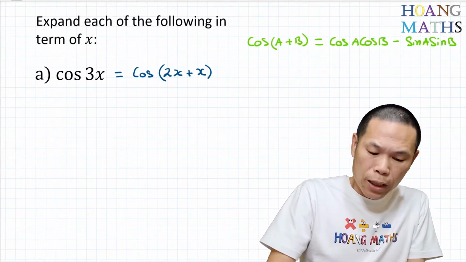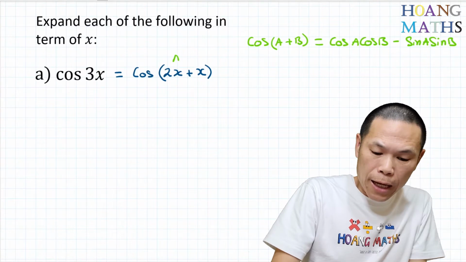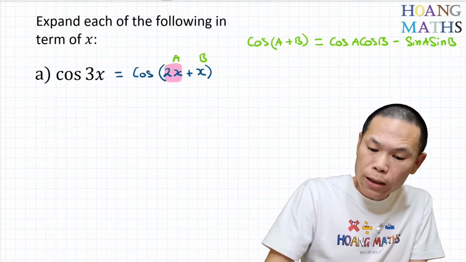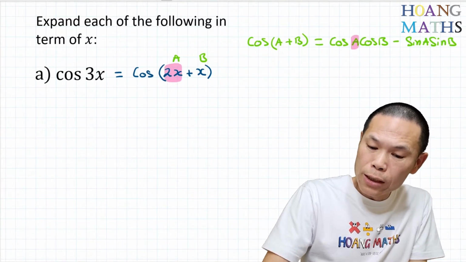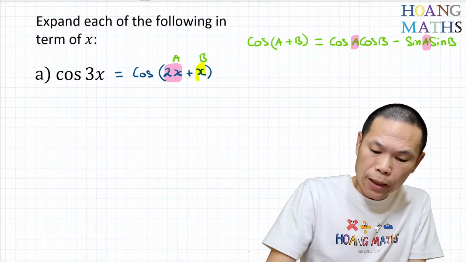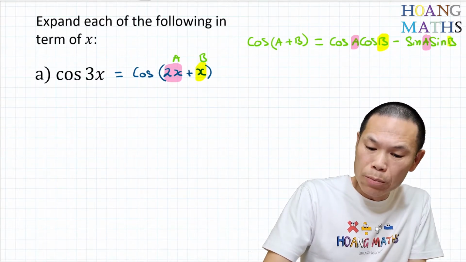And we know that 2x is a and x is b. So therefore, we just need to replace a with 2x, and b with x.